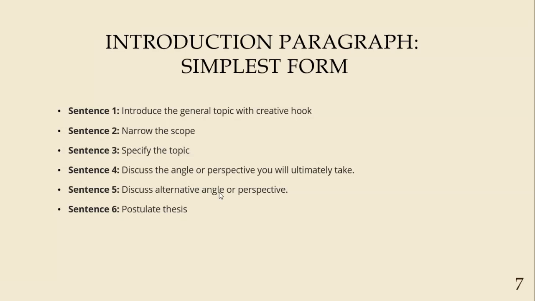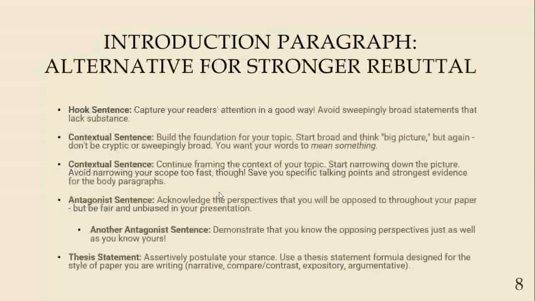So you know the opposing point of view just as well as you know your point of view. And that's the key, right? To becoming an objective, honest, incredible academic writer. You want to showcase that, hey, I did all the research. I didn't just cherry pick evidence.